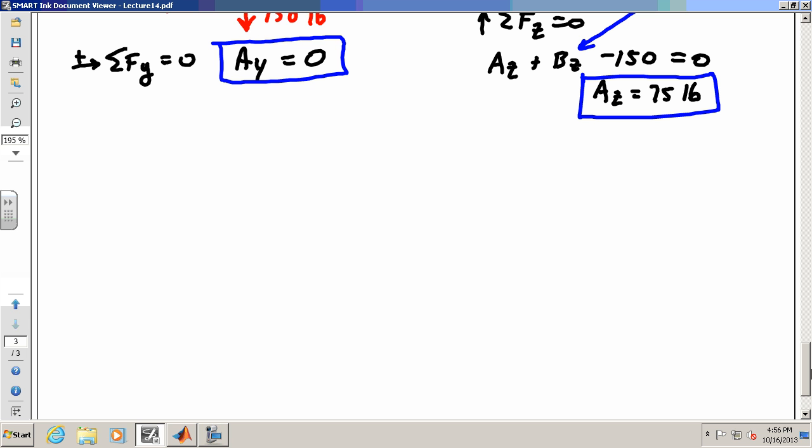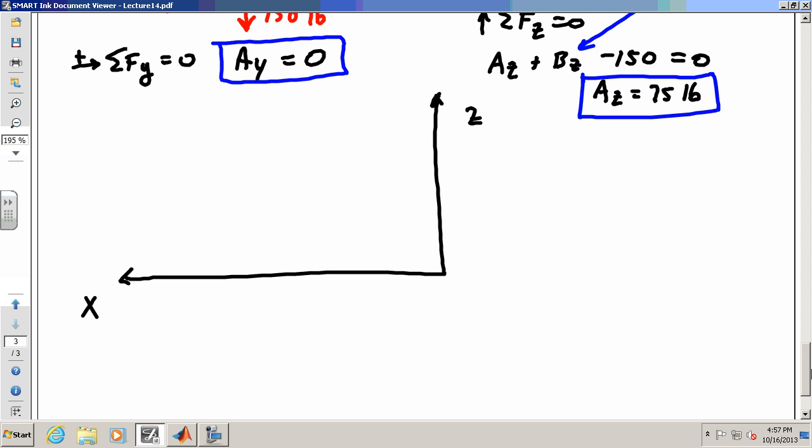It's a little bit messy, but let's do it. Here's x, here's z. Because we're looking at the y-axis, the x goes left and the z goes up. In this case, we see a lot of things on top of each other.